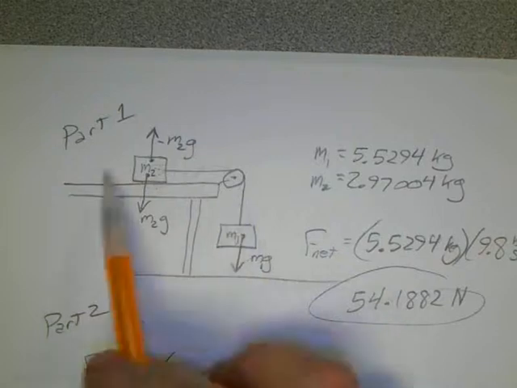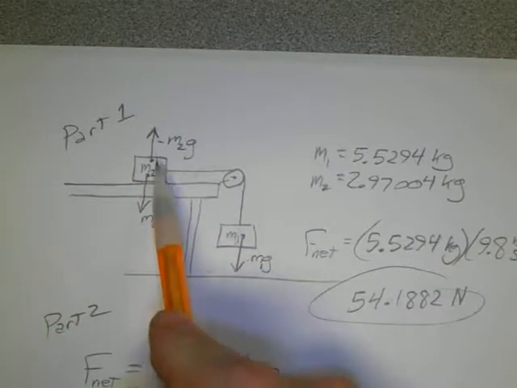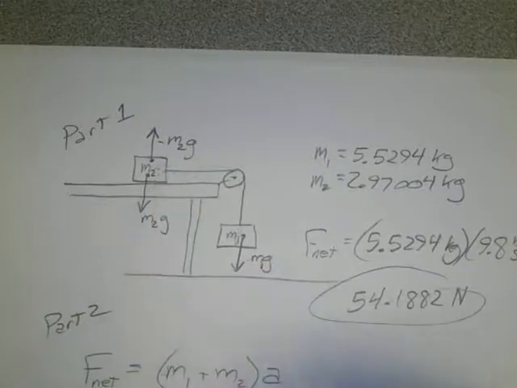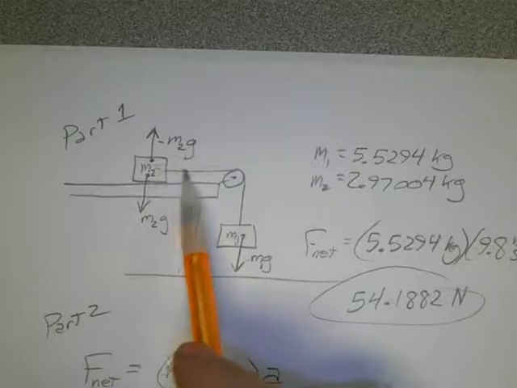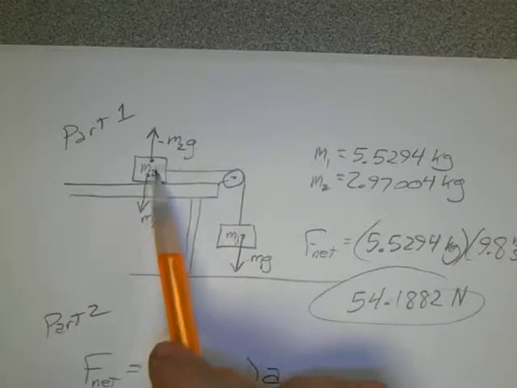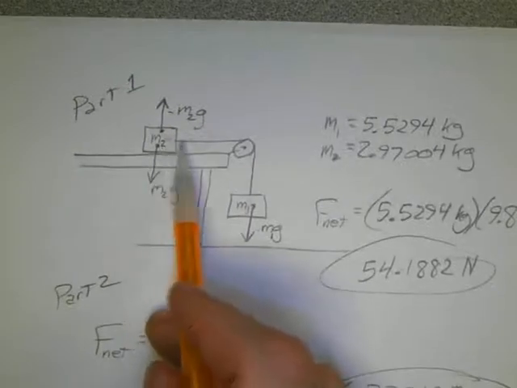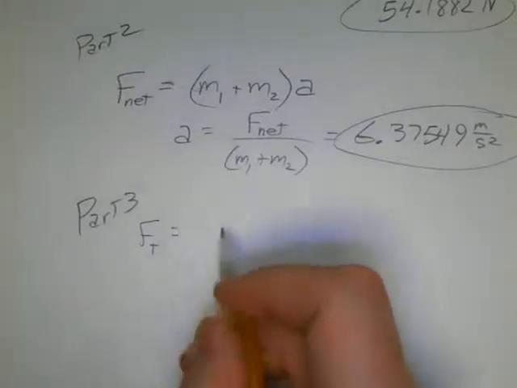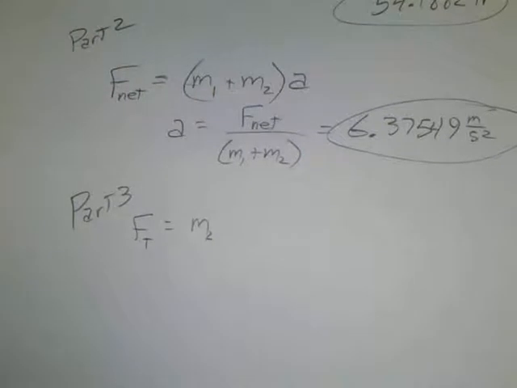So I'm going to say we know this mass is accelerating with the acceleration we just found. What is the size of the force that's causing the acceleration on just this mass? And then that force would be the tension in the rope. So the force of tension is equal to the second mass times its acceleration.